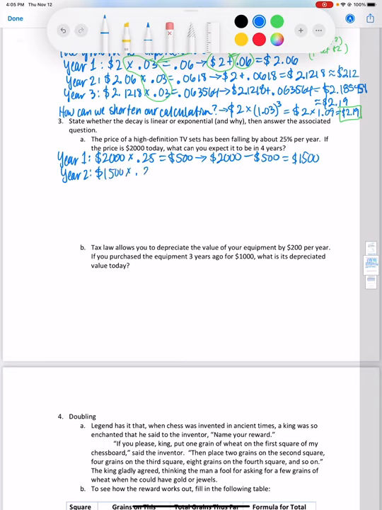Multiply by 0.25, 25% of it, and we get $375. We subtract that from the 1,500, and we get $1,125. Year 3, we start out with $1,125, find 25% of it, and we get $281.25.